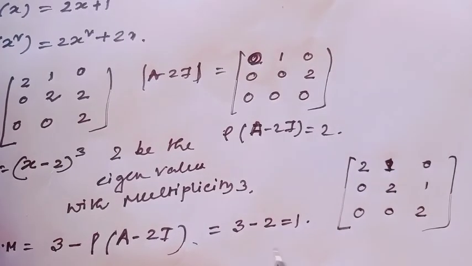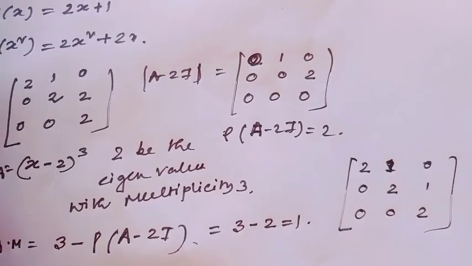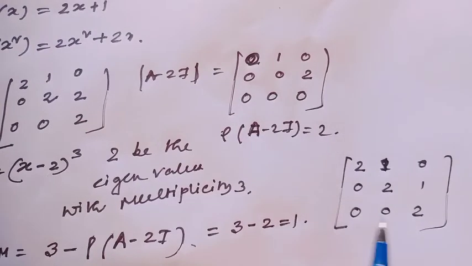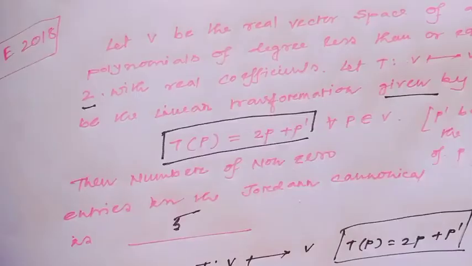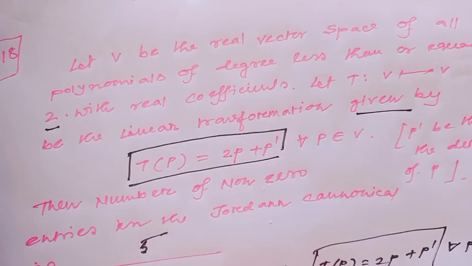Since here only one block exists with respect to the eigenvalue 2, that means the number of non-zero elements in this Jordan block is 5. Are you getting how the Jordan canonical form of this type of expression is very important for any competitive exam?